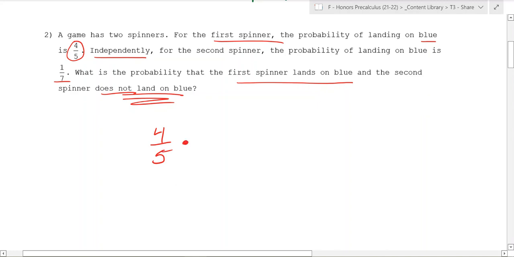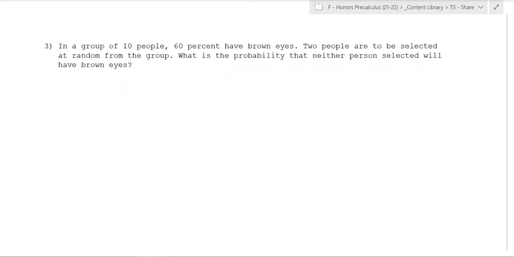But the probability of the second spinner not landing on blue is 6 out of 7, because the probability of it landing on blue is 1 out of 7, so not blue is 1 minus that. So it's 6 out of 7. In this case, this is going to be 24 over 35, which is about 68.57%.